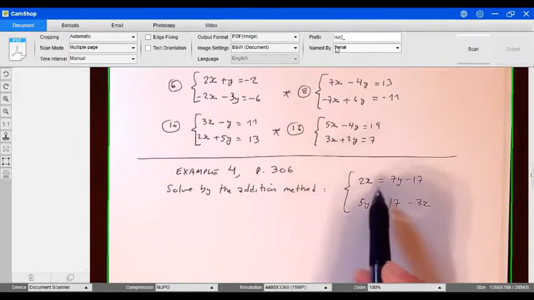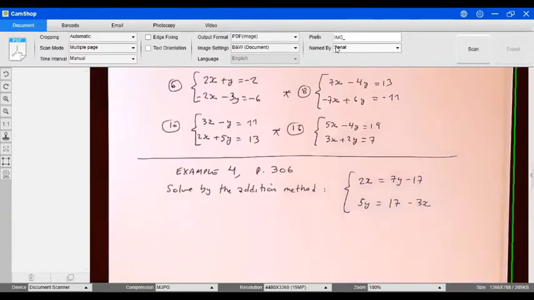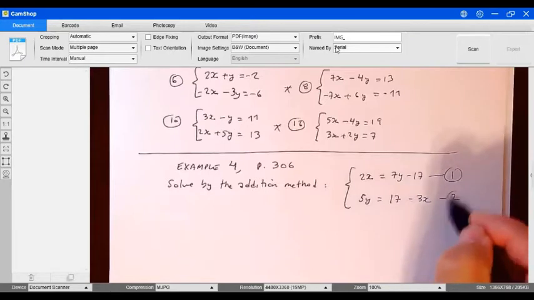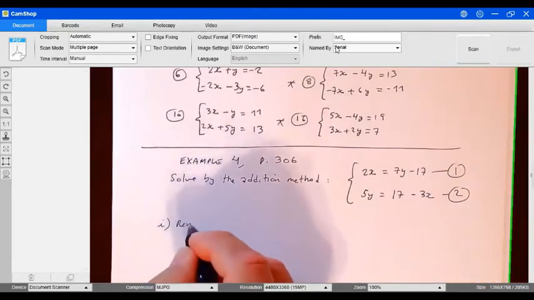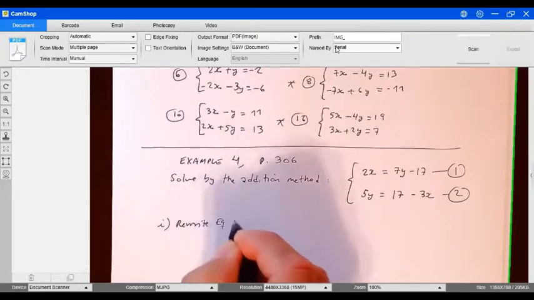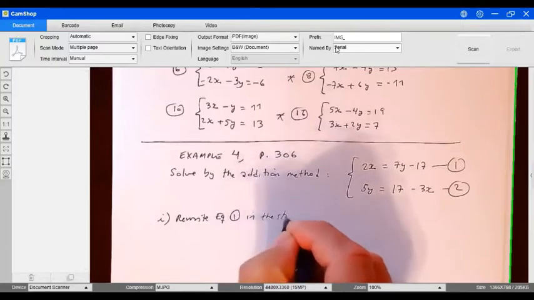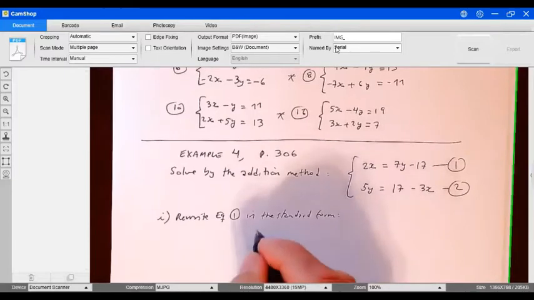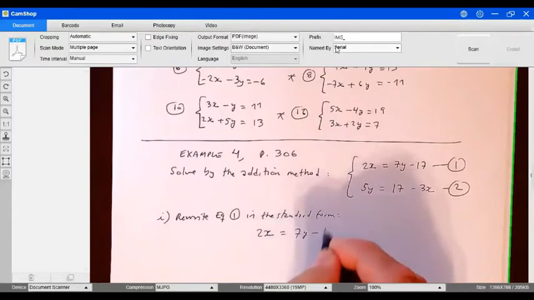So my system of equations now is not given in the standard form. So the equations need to be rewritten. So we have equation 1, we have equation 2. So first we're going to rewrite equation 1 in the standard form. So we have 2x equals 7y minus 17.